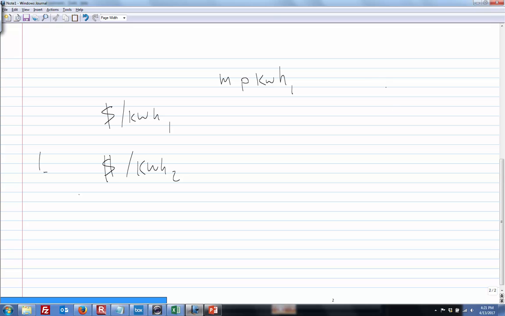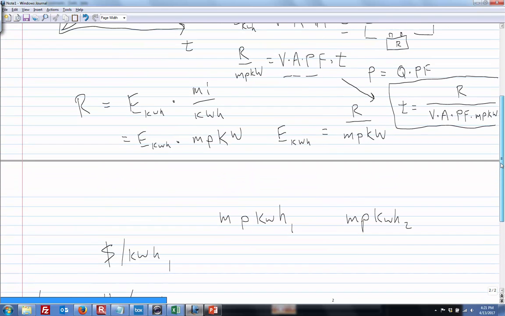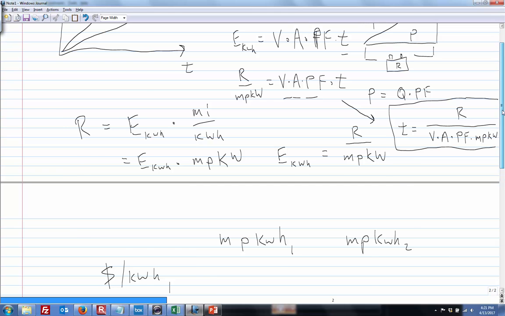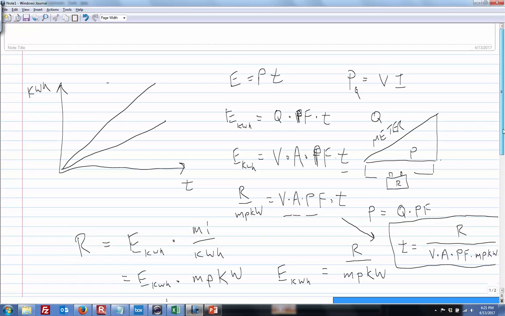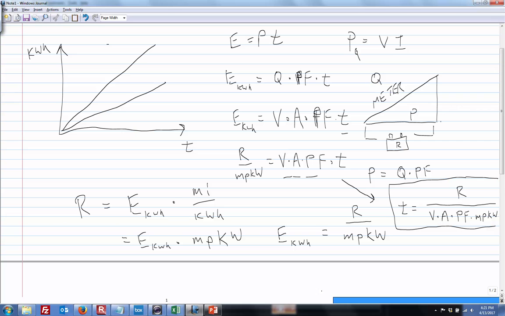Is that what it is? Miles per kilowatt? Yeah. And we have miles per kilowatt hour 2. Oh, you know what? Yeah, I should have, hang on. Let me just make this even more gross to look at.